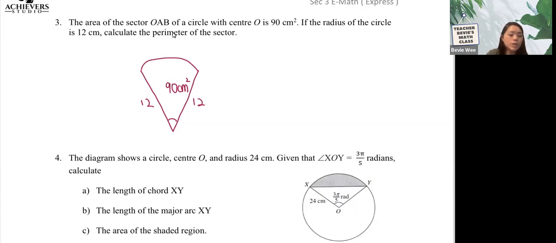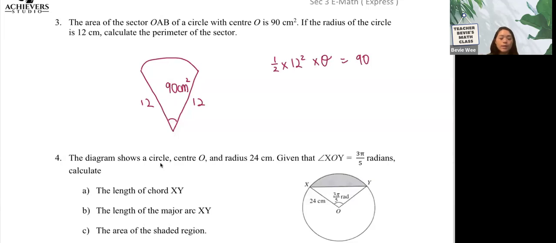Okay, form your equation. Find out the theta first in radian mode. The formula for area is half r square theta, which gives me 90.